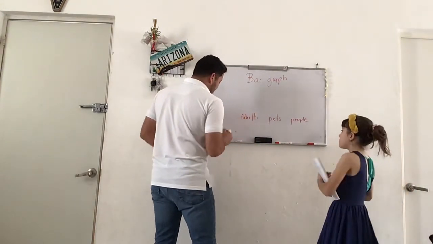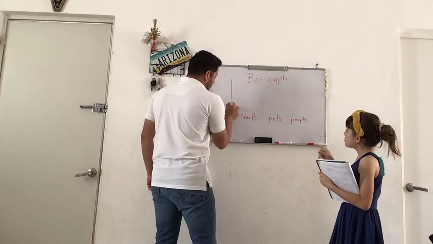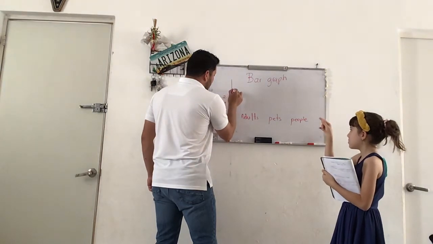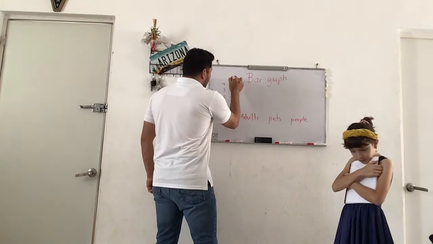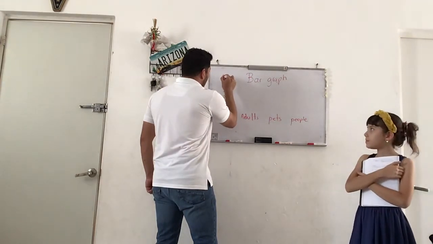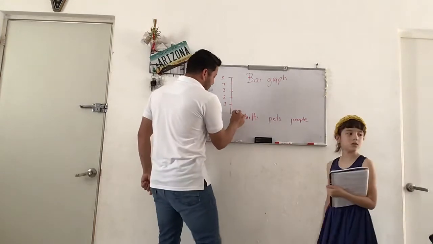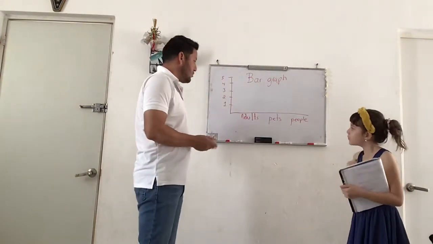So be careful. And then we have our scale, which will be 1, 2, 3, 4, and 5. These will be the numbers of the things, okay? So we're gonna make a bar graph, okay, guys? So be careful on that.